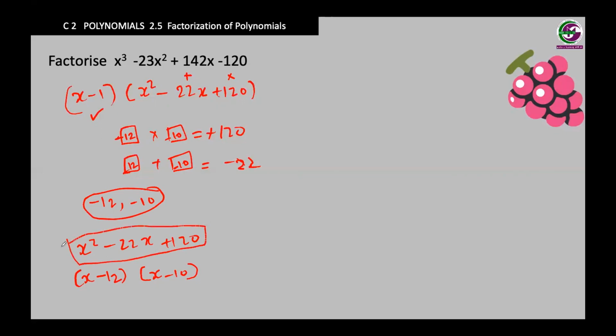Together with that, we had the factor x minus 1. So the factorization of this is x minus 1, which is from here, and the two factors you get from here, x minus 12 and x minus 10. This is the factorization of this big polynomial. We have three factors because the power of x is 3.